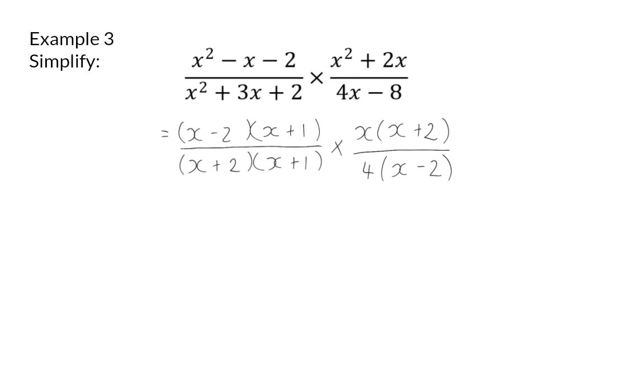Now all the denominators and numerators are one term, and I can simplify by dividing. So x minus 2 divided by x minus 2 is 1. x plus 1 divided by x plus 1 is 1. And x plus 2 divided by itself is 1. So we are left with x over 4.